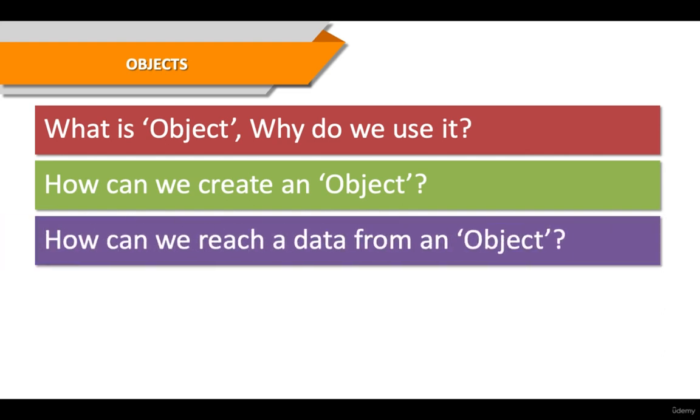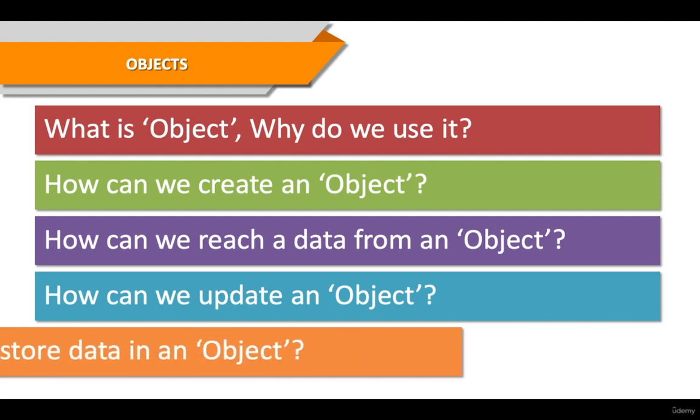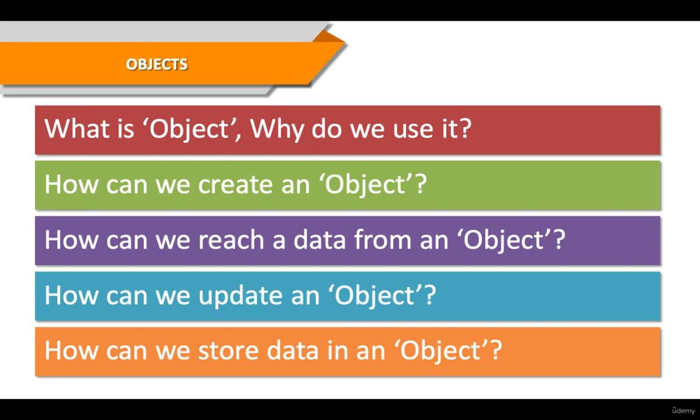Then we're going to learn how to reach particular data from an object. And as you know, in arrays, we use square brackets. Then we're going to see how to update an object. And finally, we're going to learn how to store data in an object.